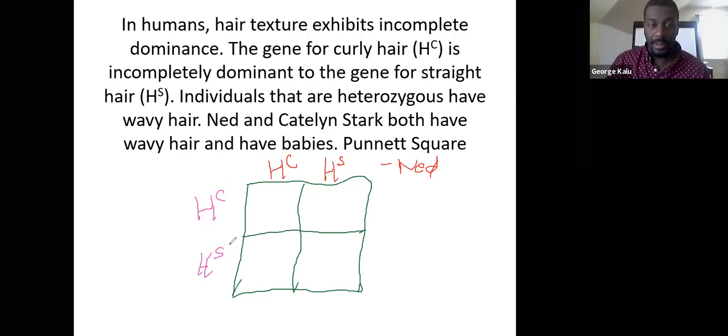Then again, you would just do your Punnett square just like you normally would. So in this first box, what would we come up with? We come up with HC, HC.